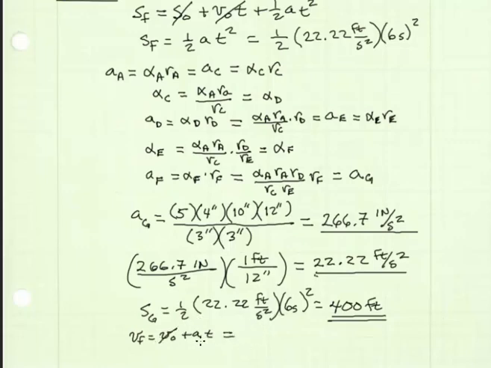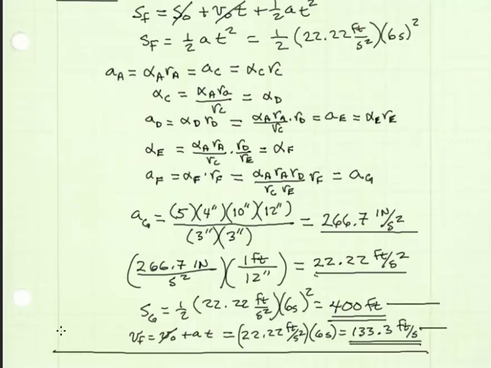So our final velocity is our acceleration times the time, which is 22.22 feet per second squared times 6 seconds, which will give us 133.3 feet per second. Now we have both our position and our velocity at a time of 6 seconds. And that concludes the problem.